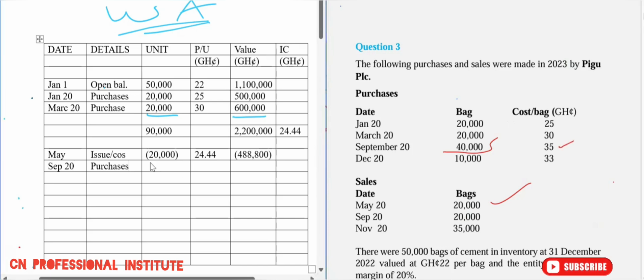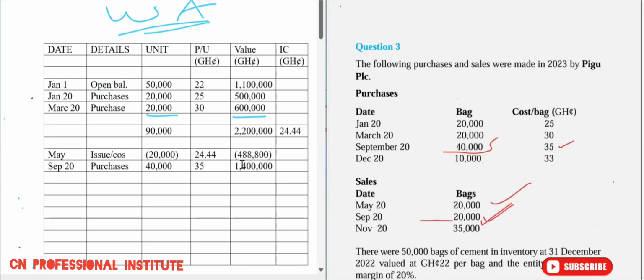So September 20, we purchased 40 at 35. And that will give us 1,400,000. Then the same September 20th, there's an issue of 20,000.